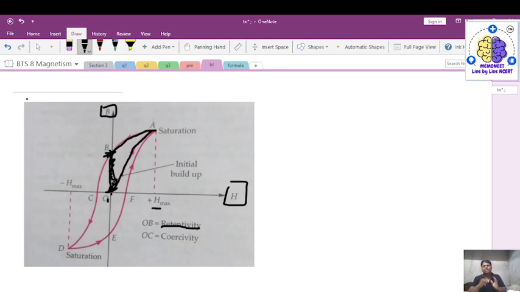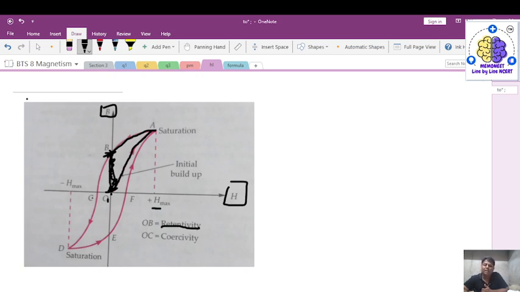That is, we first magnetized the substance, and then by reducing or reversing the magnetic field intensity, we are trying to demagnetize it. But we find that as soon as we reach zero, the substance does not get completely demagnetized. It retains some magnetic property, and this is known as retentivity.